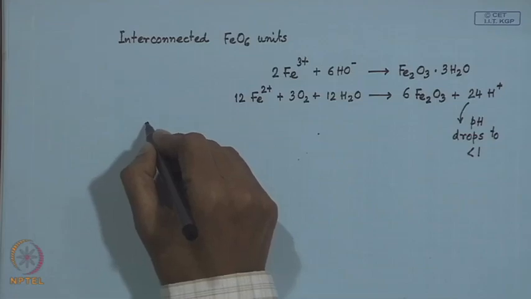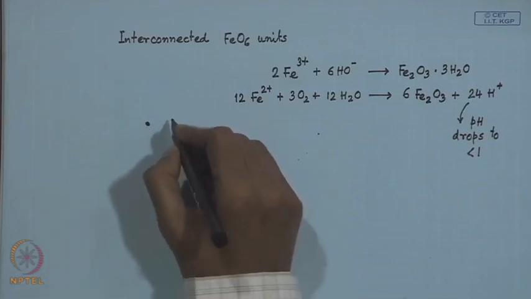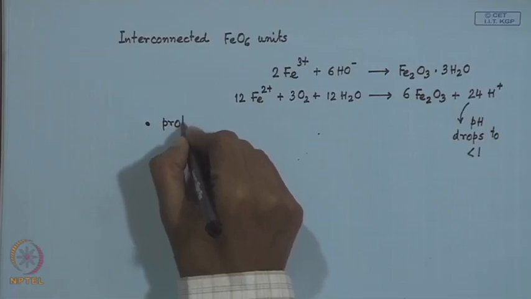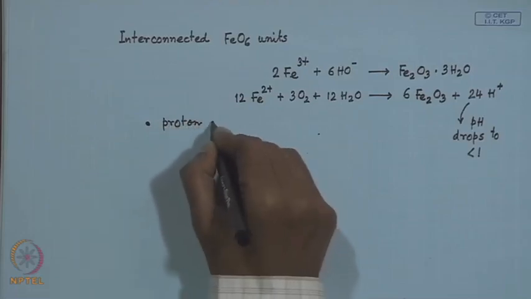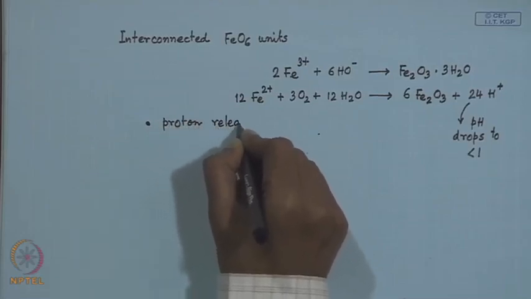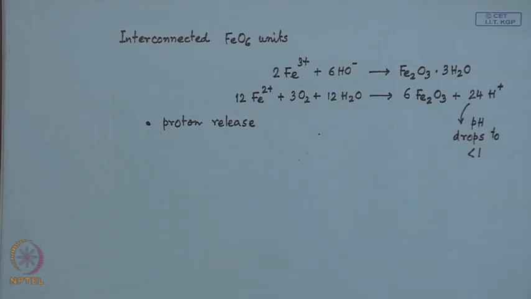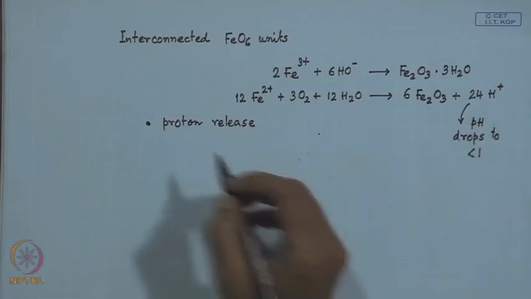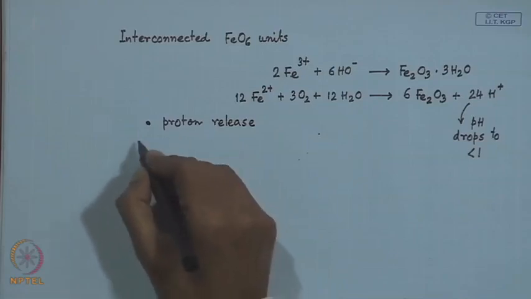So, basically during this process, we should consider the proton release during the formation, because we do not have any other externally added base which is taking care of the protons that get released from the reaction.